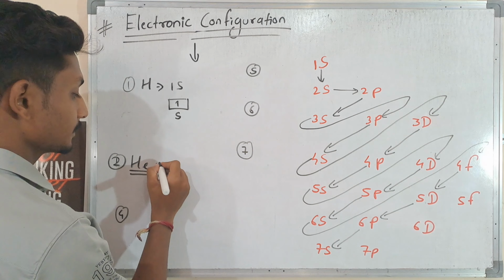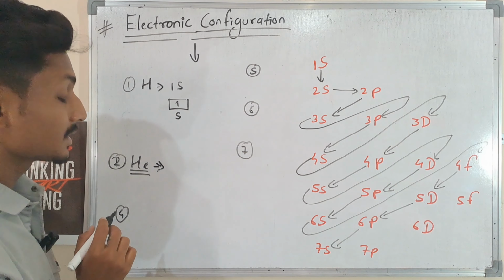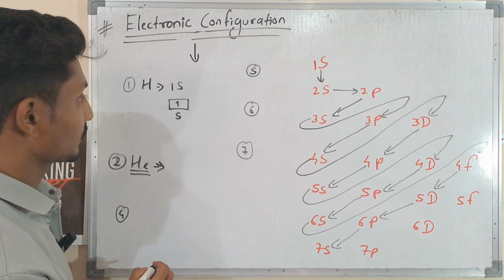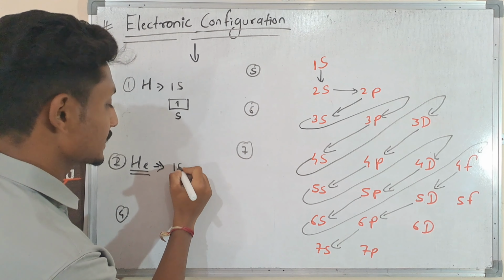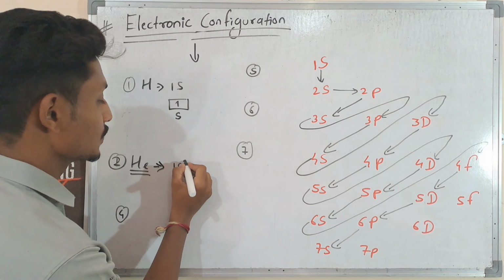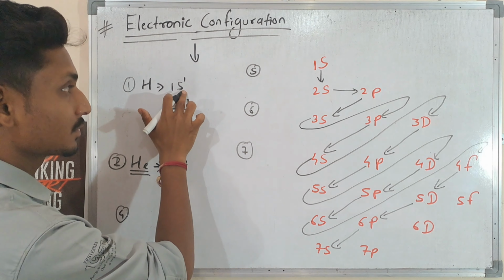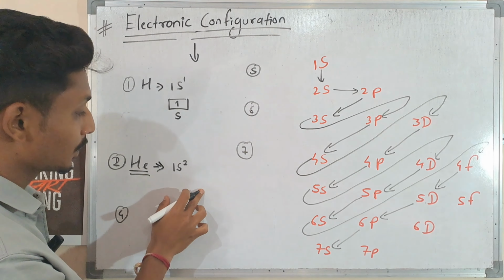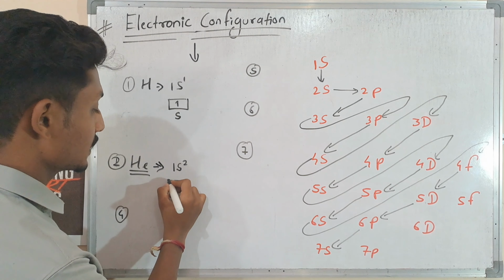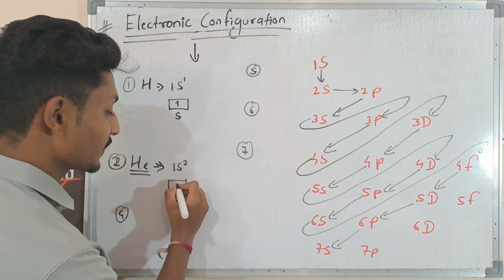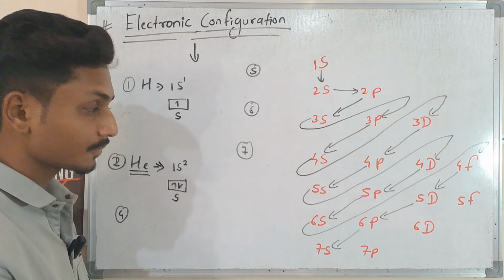Helium has atomic number 2, therefore 1s2, because the s orbital contains 2 electrons.